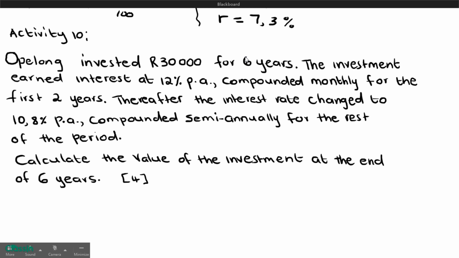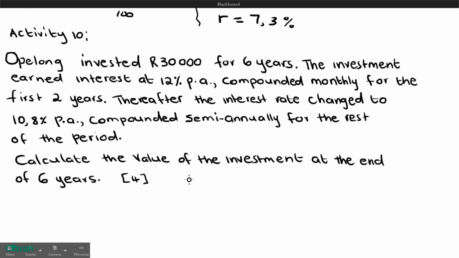The investment earned interest at 12% per annum, compounded monthly for the first 2 years. Thereafter, the interest rate changed to 10.8% per annum, compounded semi-annually for the rest of the period. Calculate the value of the investment at the end of the 6 years.